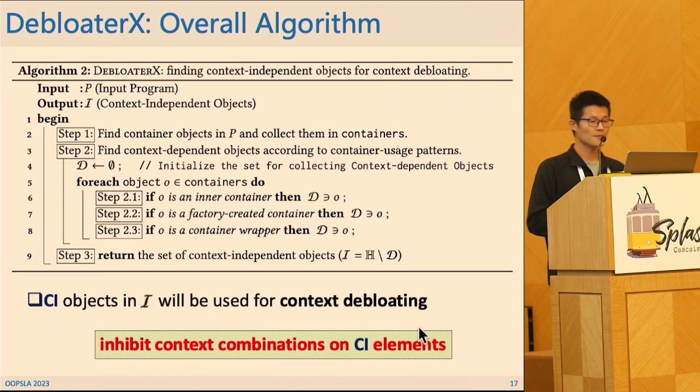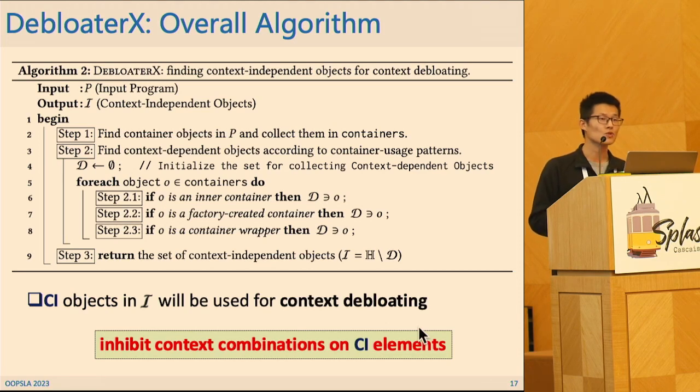From this slide, I'm going to briefly introduce our approach. Here is the overall algorithm of DebloaterX. It consists of only three steps and is conceptually very simple. In step 1, given a program P, we first collect container objects in the program.